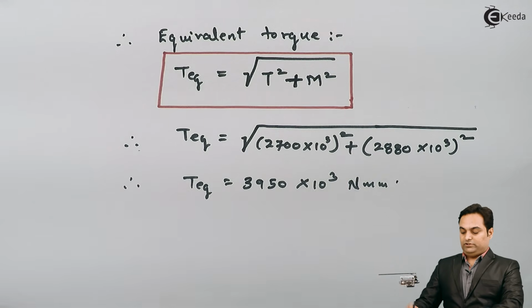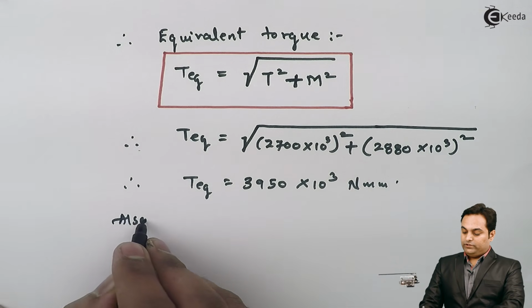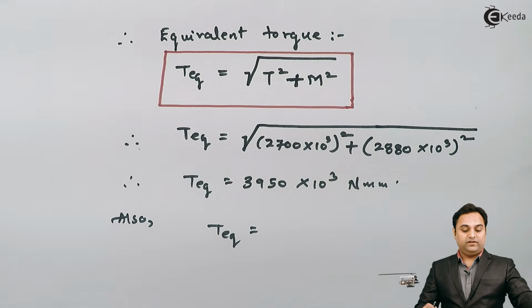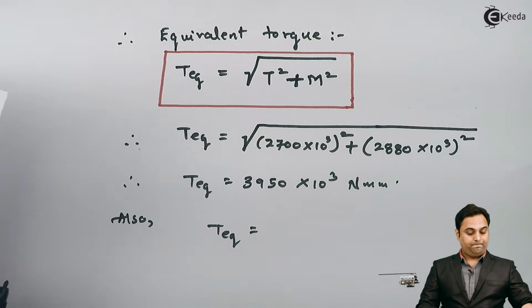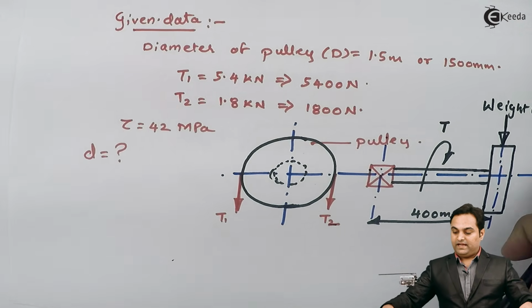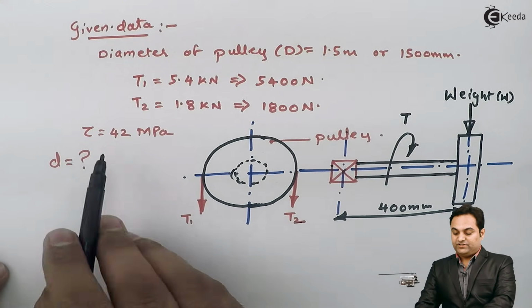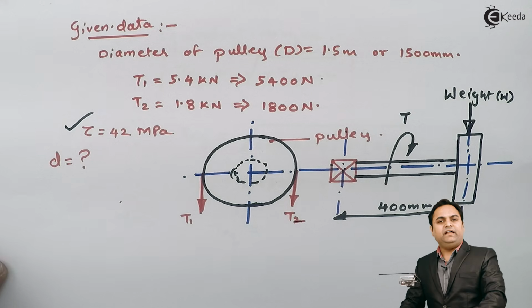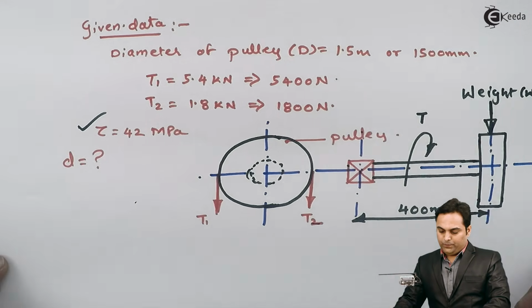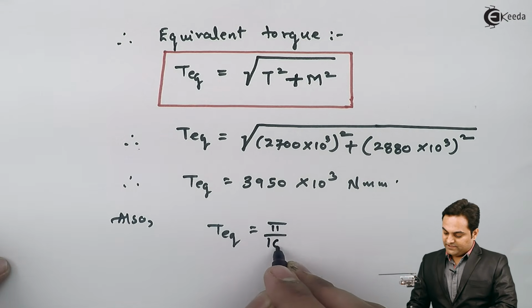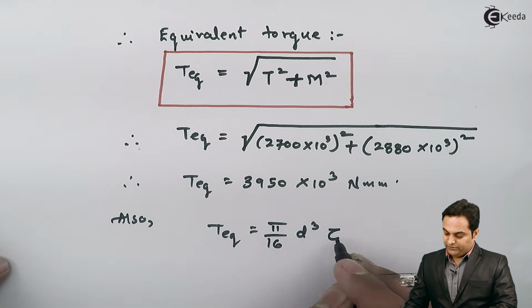Once I get equivalent torque, and since in the problem only shear stress is given, we can go into the data. Yes, here as we see only shear stress is given, so we would be designing the shaft based on only equivalent twisting moment. So therefore T equivalent is pi by 16 d cube into tau.